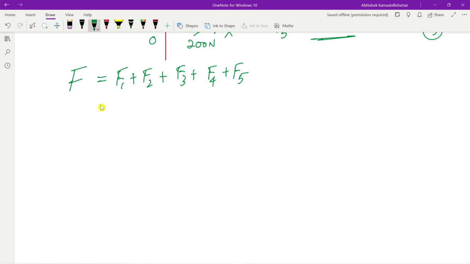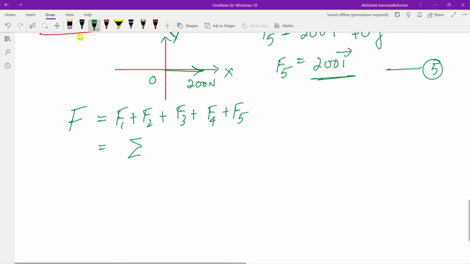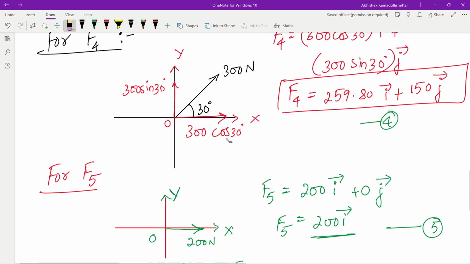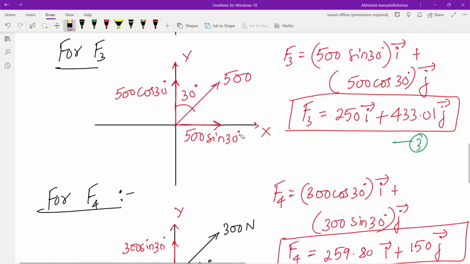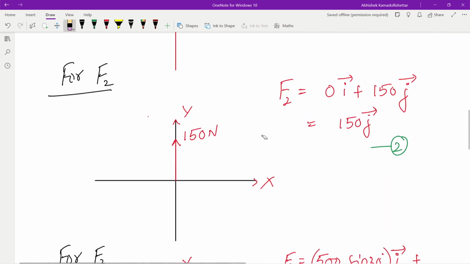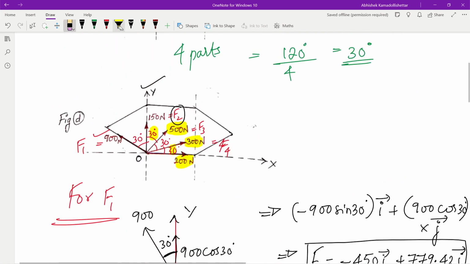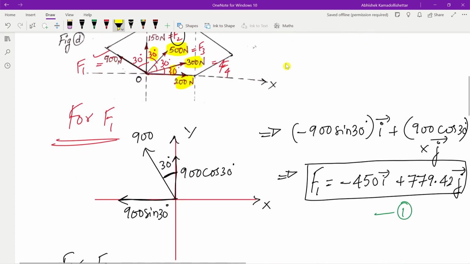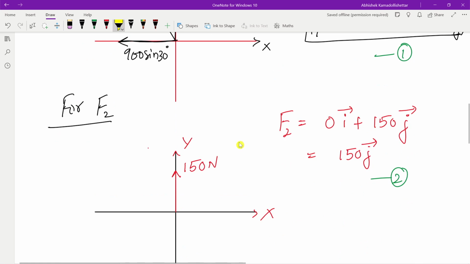The only thing you should remember here is that all the forces' x components should come on one side and the y components on the other. What I mean is, first we take the x components: minus 450, we add the i component here, which is 0.